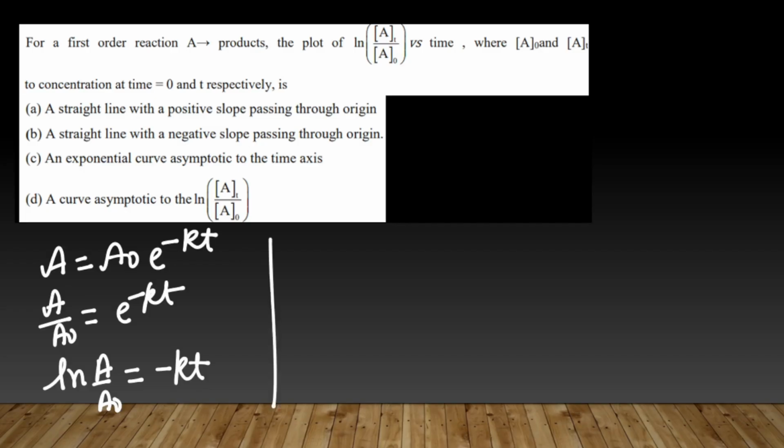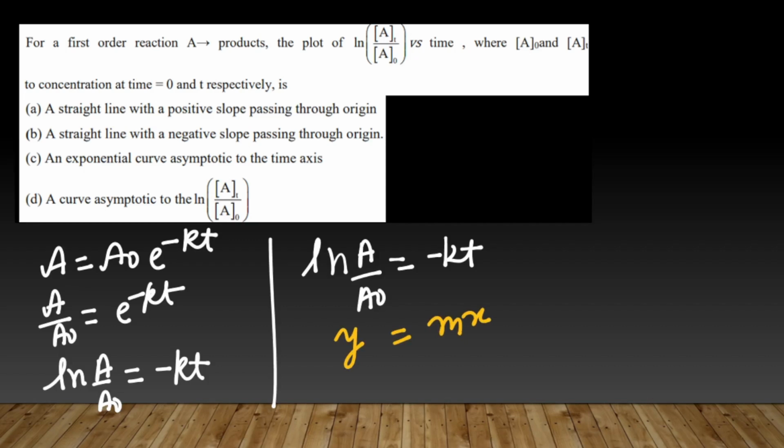So in this expression, natural log of A upon A naught is minus kt. So if I make a plot for the natural log of A by A naught versus the time t, y is equal to mx, right? So the slope value I am getting is minus k, which is a negative value. So the plot, if you see, is going to look like this.